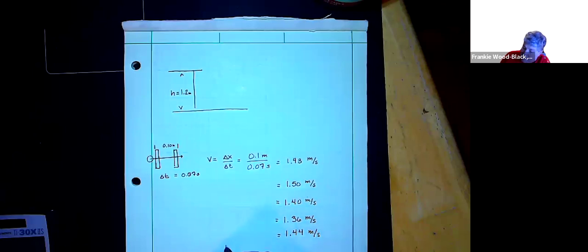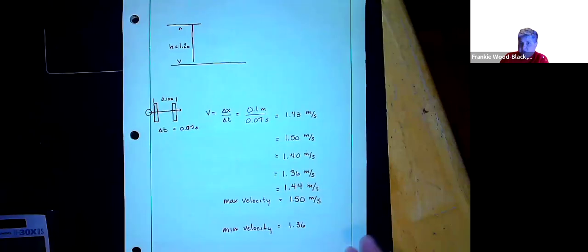I'm going to look at my maximum velocity. My maximum velocity is 1.50 meters per second. My minimum velocity is 1.36 meters per second.